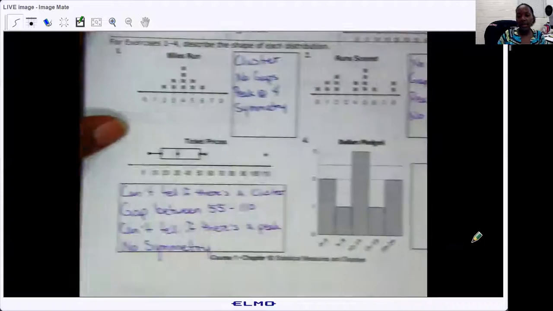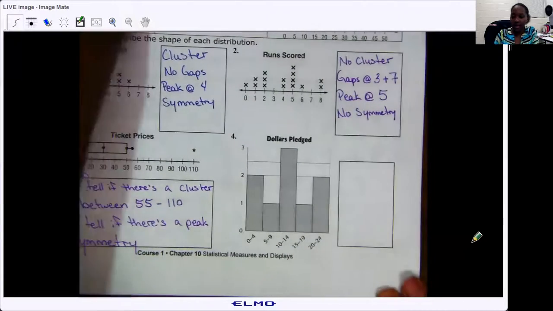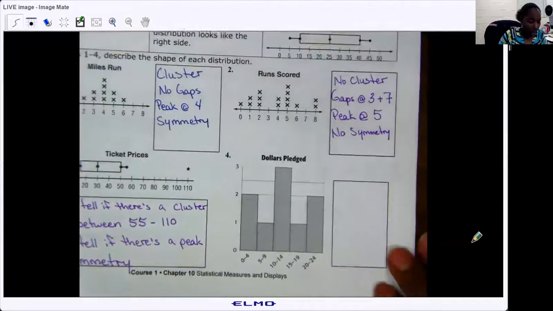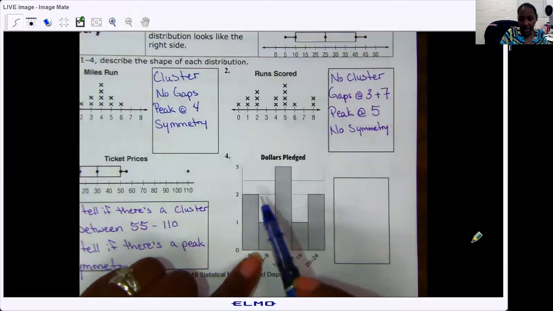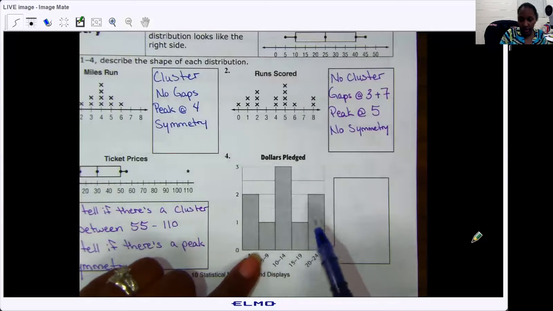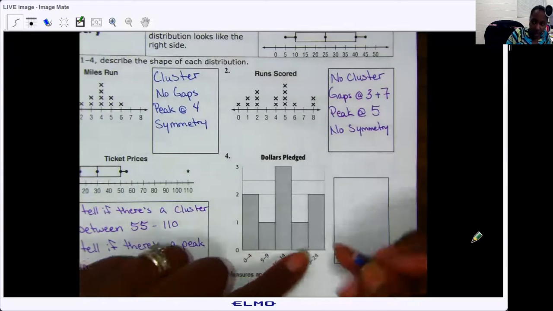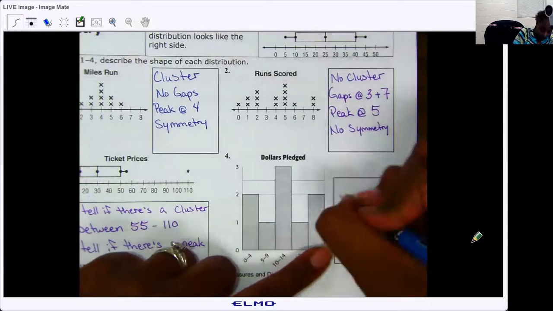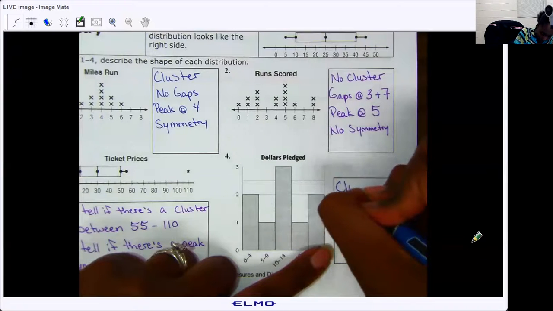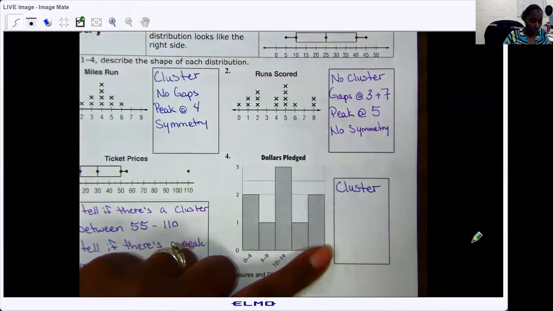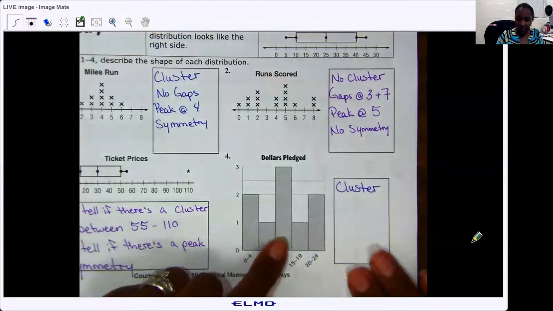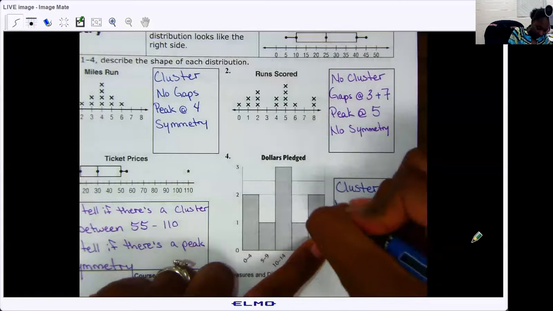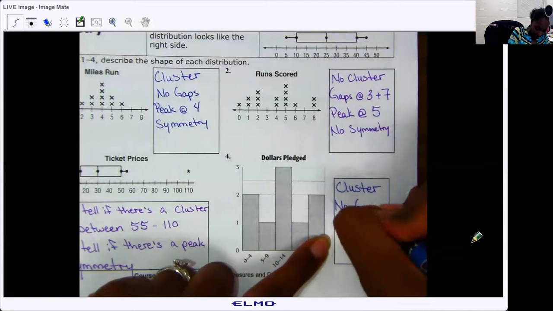All right, the last one we're going to look at is a histogram. Let's see if we can figure out what's going on. First of all, is our data clustered? Yep, I don't see any gaps in here. So we have a cluster of data. Okay, what about a gap? I don't see any gaps, so no gaps.